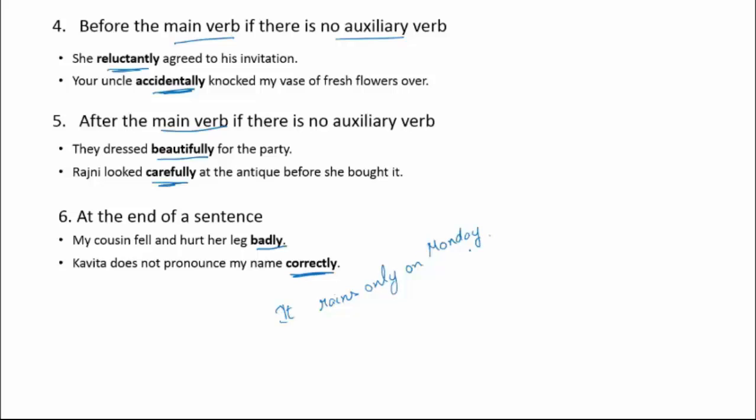If I use this sentence, it means that it rains only on Monday, not on Tuesday or Wednesday or Thursday, only on Monday. But if I say it only rains on Monday, in that case, it would mean that it only rains. It doesn't thunder. It only rains on Monday.